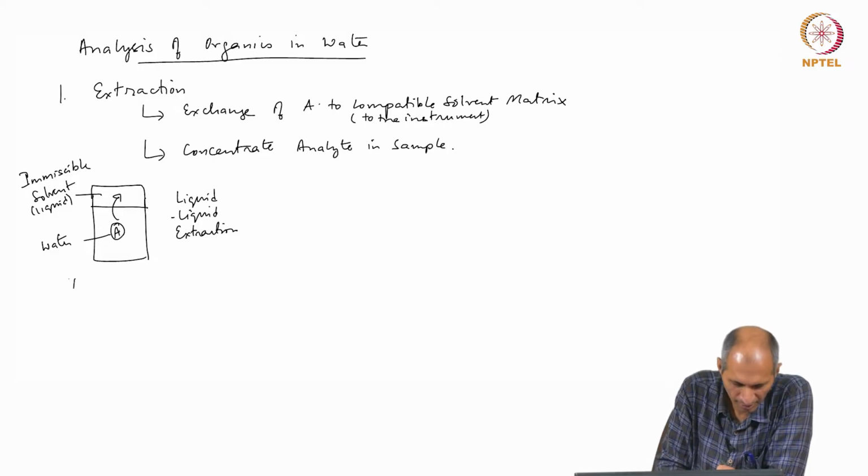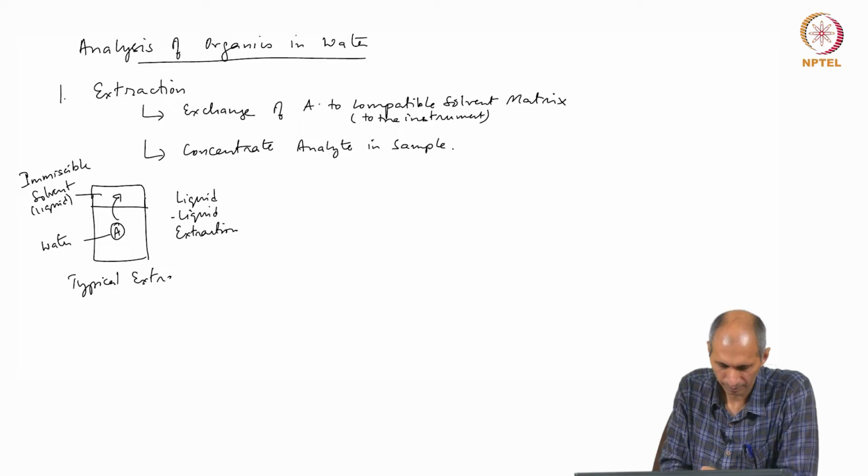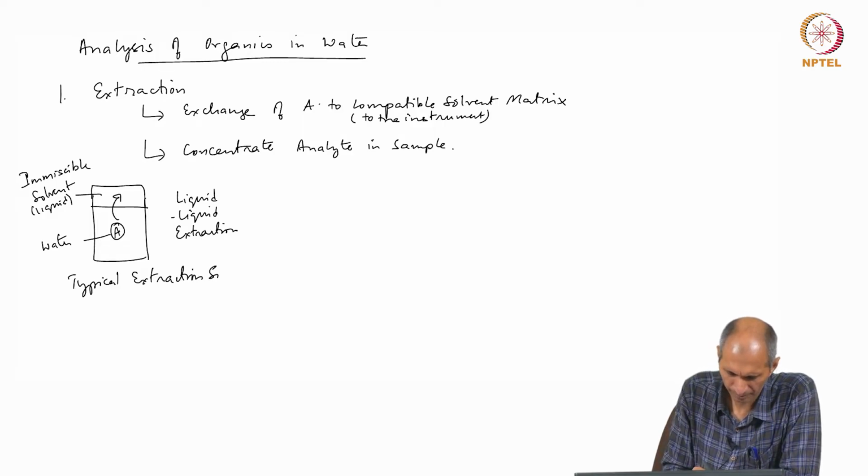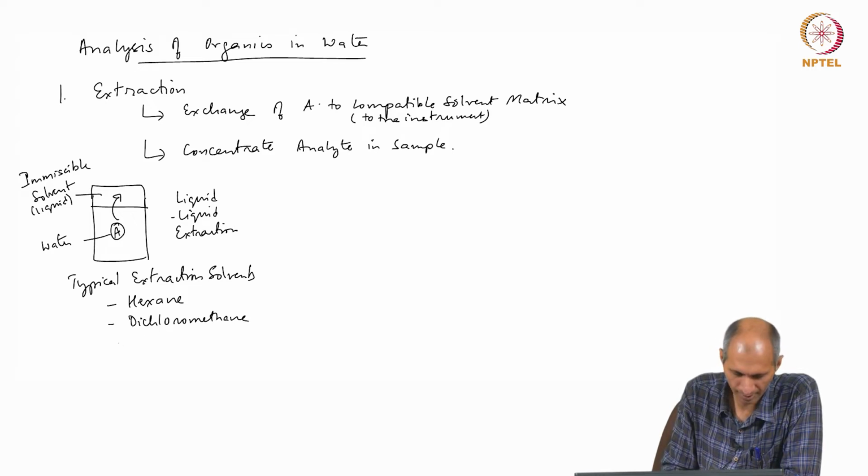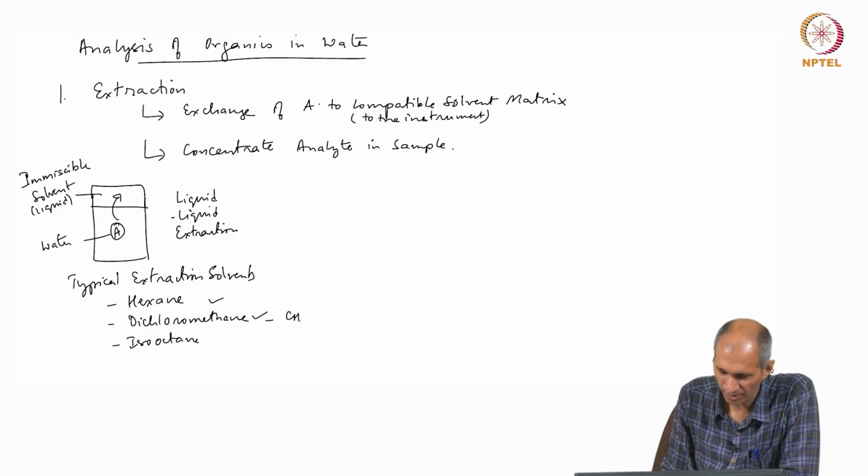Typical extraction solvents are hexane and dichloromethane. These are two very commonly used. You also use isooctane and things like that, but in most of the methods you will see these two. Dichloromethane is CH2Cl2, and hexane is C6H14.